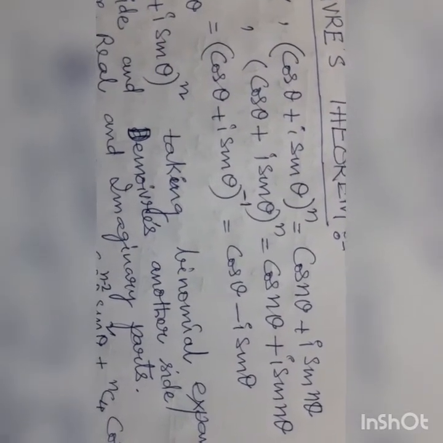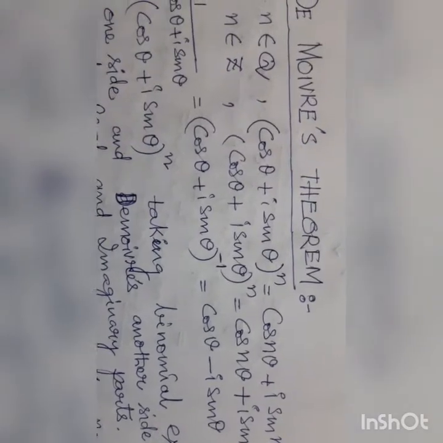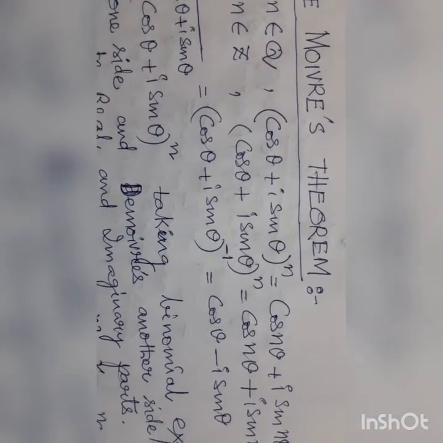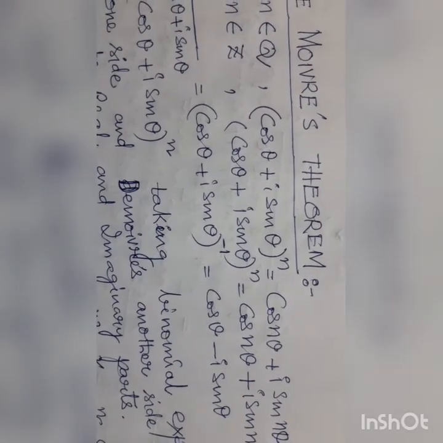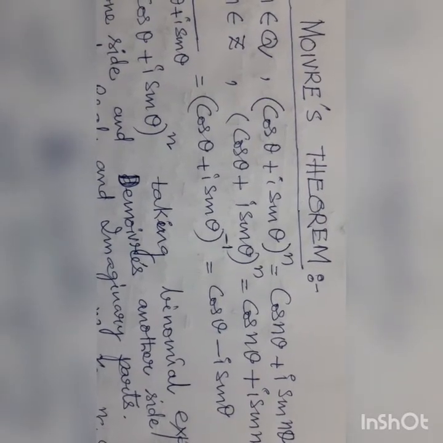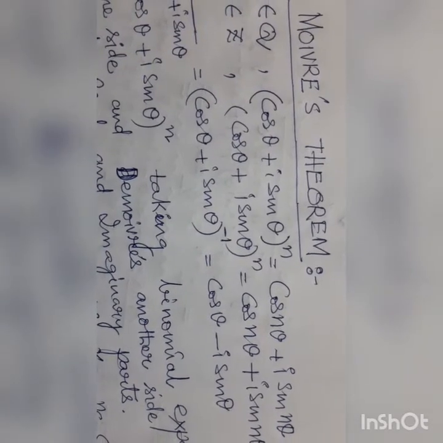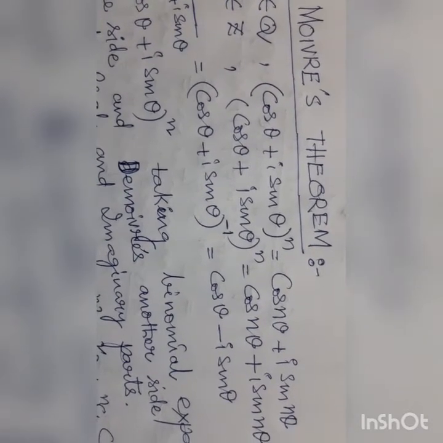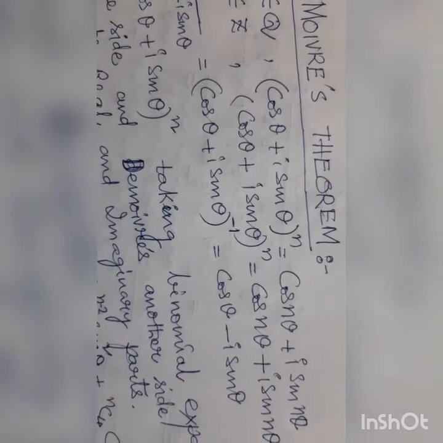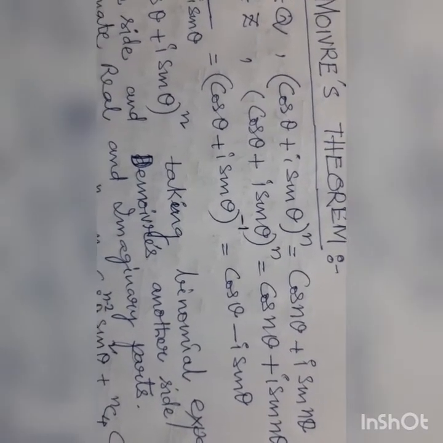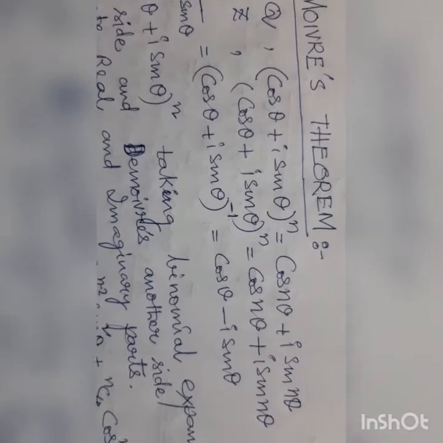Because DEMOIVRE said the index n can be multiplied with the amplitude theta. So n theta: cos n theta plus i sin n theta.